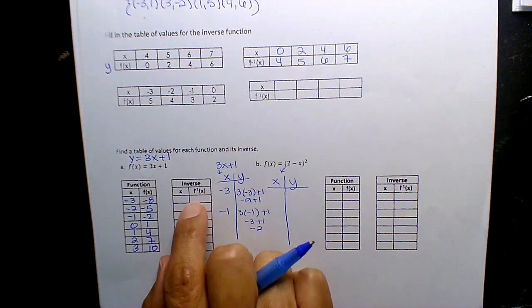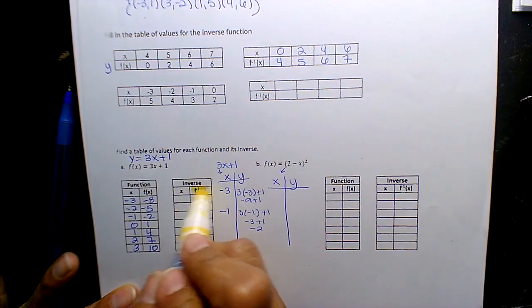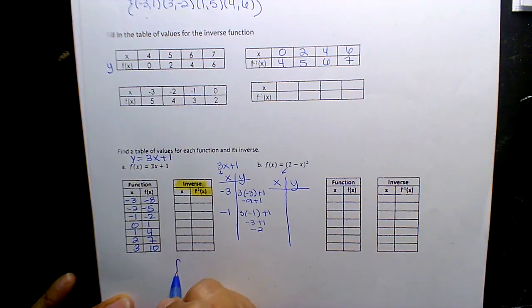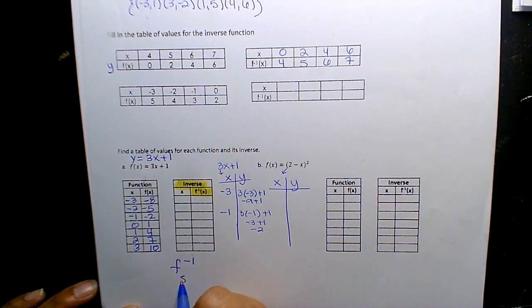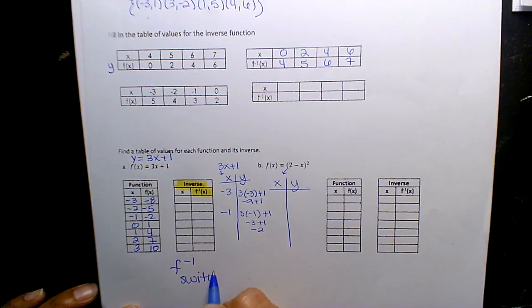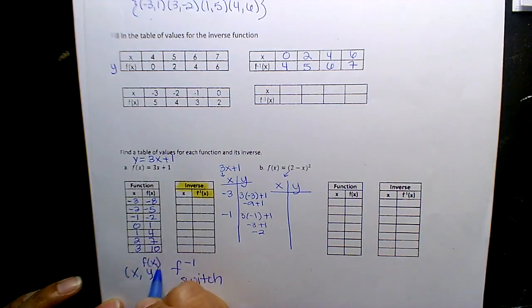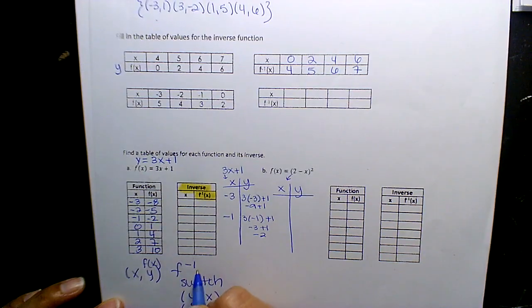So if I want the inverse function, see how that has that little elevated superscript -1? Your inverse function has that little superscript -1. Now it's just a switch of the x and y. So this is x, y, or f of x. This is y, x, or inverse.